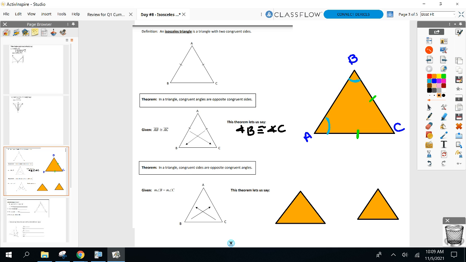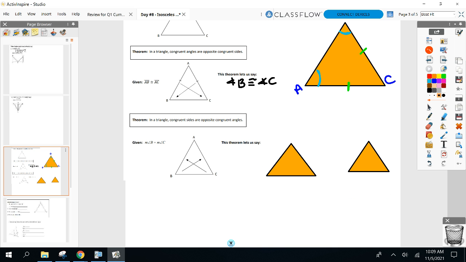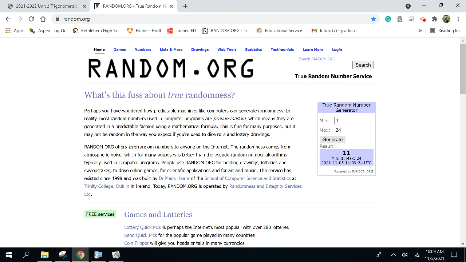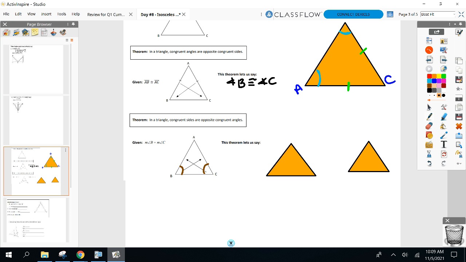All right, let's go in reverse now. What happens if I give you the angles are congruent? So B and C are congruent. It's still isosceles. The sides across are now equal. So what two sides would be equal here? If I give you B and C are equal, what two sides must be congruent?